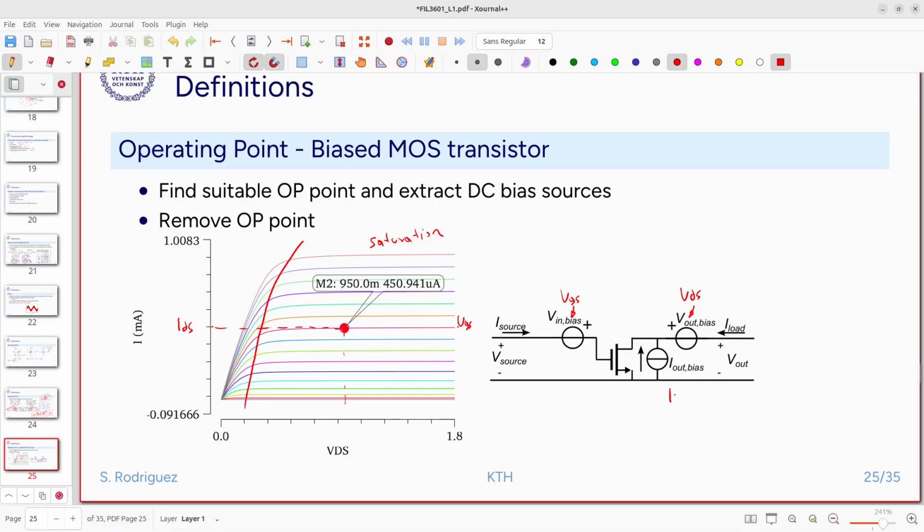That is the current that I will put here. And then when I connect these sources around my transistor, I forget about it because now I have removed the operating point. Okay, so we're going to use a lot of these concepts later.